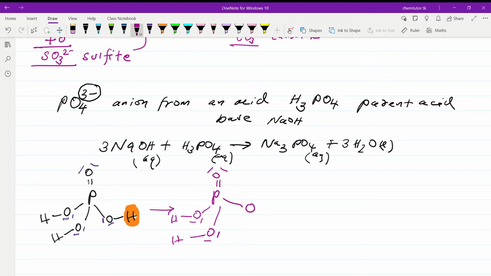But this one, now it has one pair of electrons extra because when the hydrogen leaves this one, hydrogen electronegativity is 2.1 or 2.2. You can use a similar approximate value for understanding. This is somewhere 3.5 approximate value.